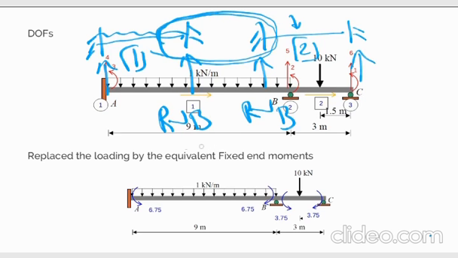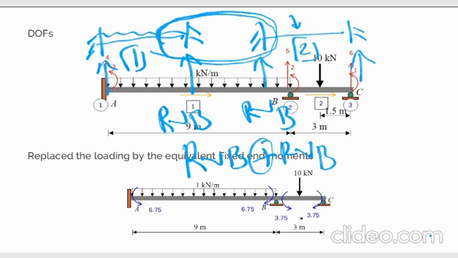So the value here, when you draw the system, will be R vertical B plus R vertical B, because they are in the same direction. They push the support up, so it will be a summation here.